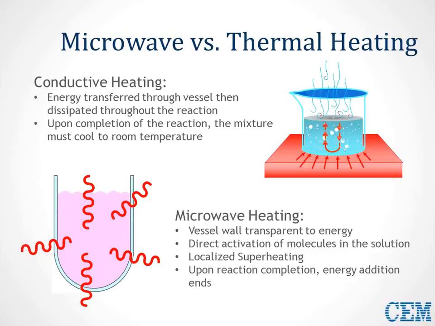So if we're running, for example, a transition metal catalyzed reaction, and we have say a palladium catalyst in there, that palladium metal we know will absorb the microwave energy, and it'll heat up very, very quickly. And that heat that is generated will be rapidly dissipated by all the solvent that's surrounding it.